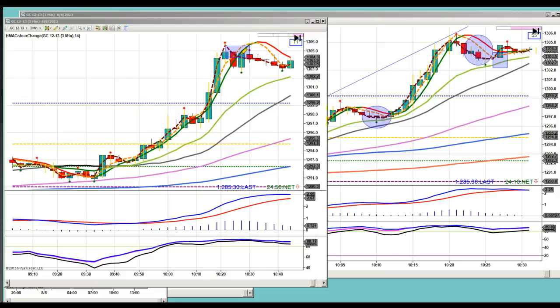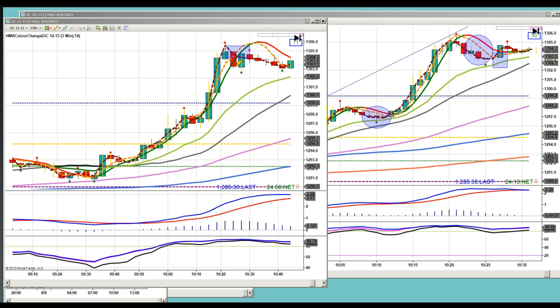Isn't it the price that catches up to the HMA? Well, in a sense, whether you say the price or the HMA is catching up to the price, it doesn't matter. But what you want to look for is the actual line coming to and making contact or coming close to that candle. As soon as you see that, you'll notice at that point you got this red candle here.